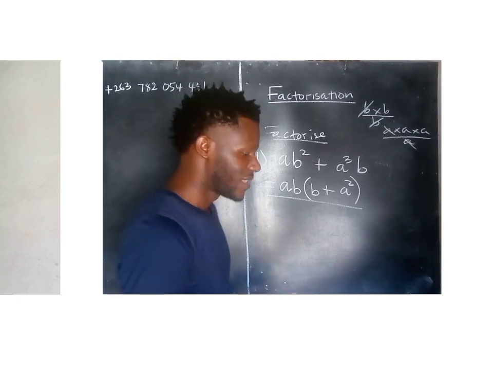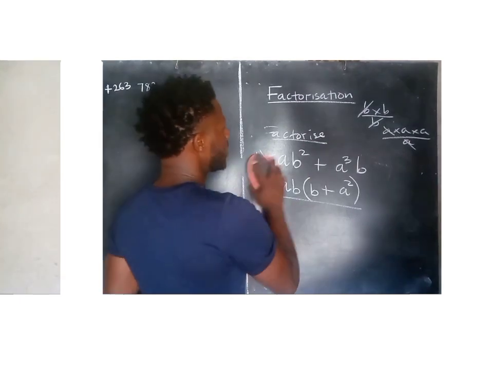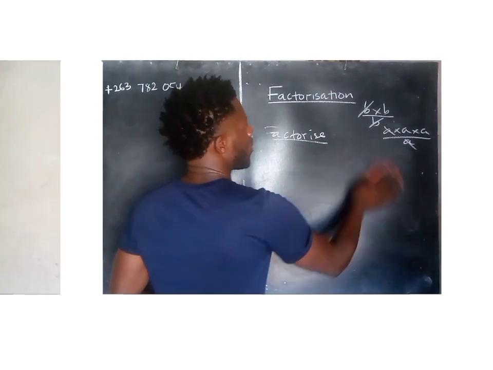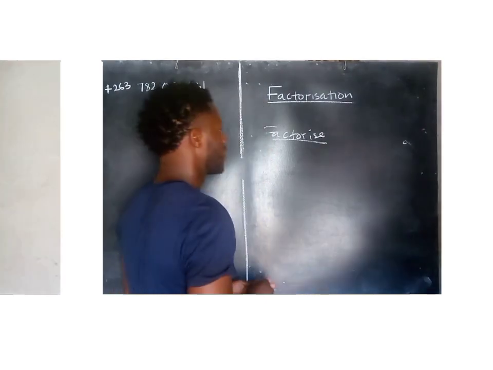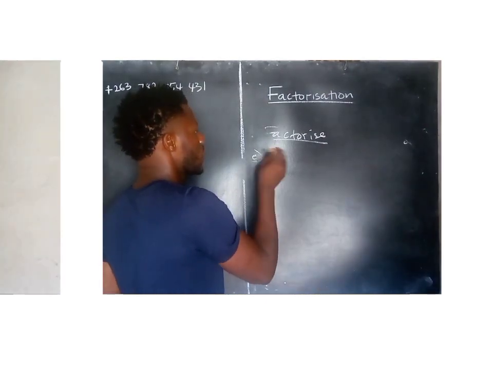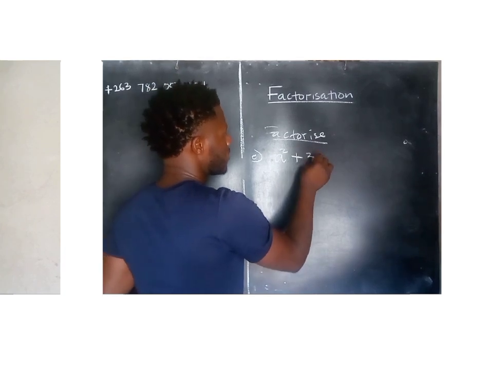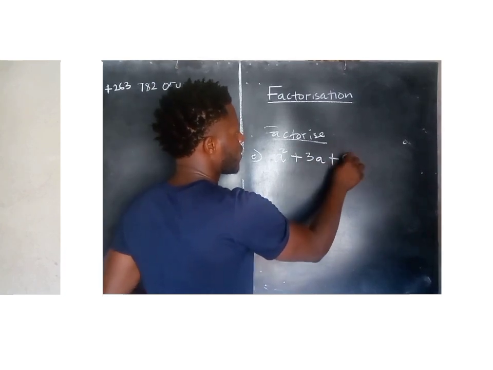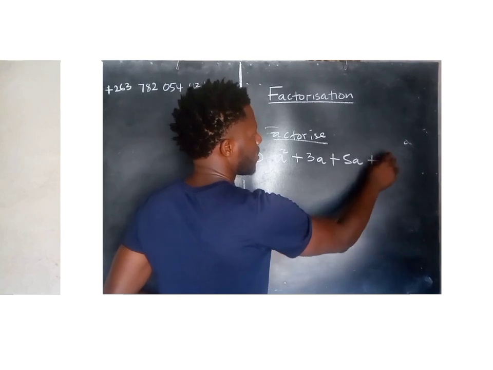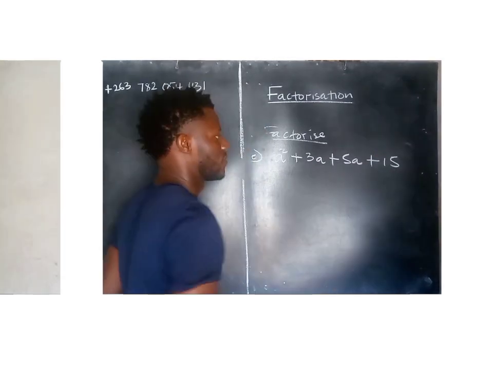Clear? Sometimes there might be need to regroup the terms. For instance, we have this example. Let's say A squared plus 3A plus 5A plus 15.